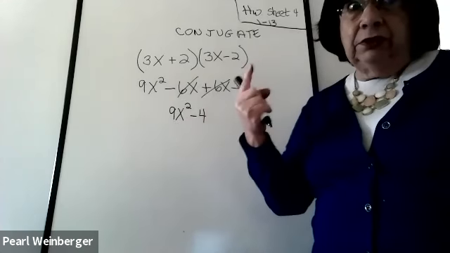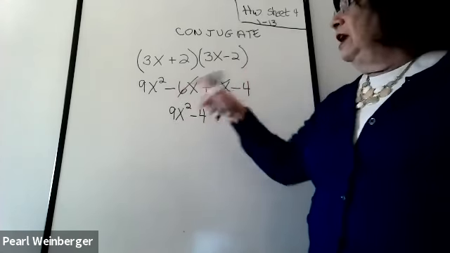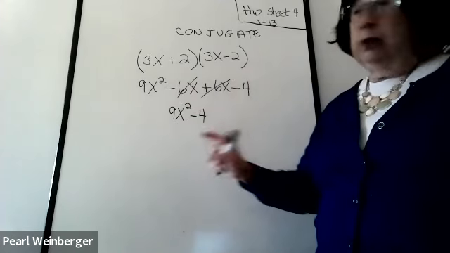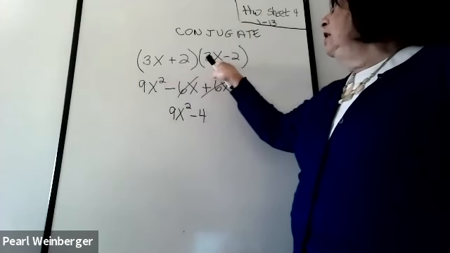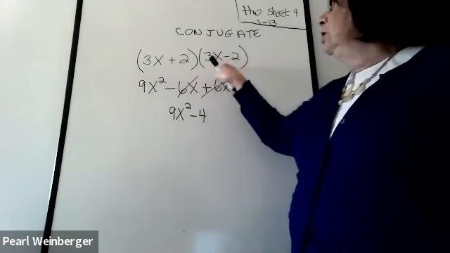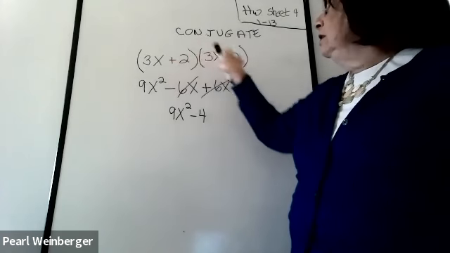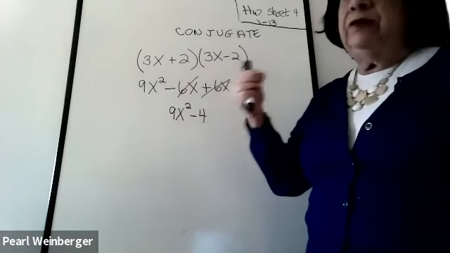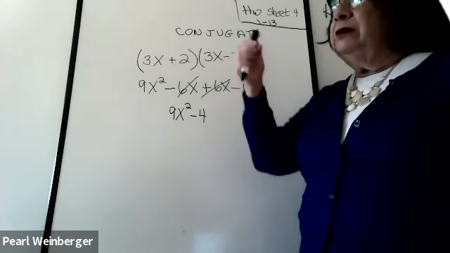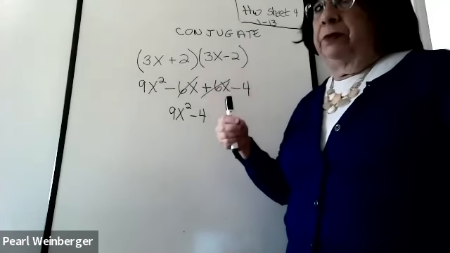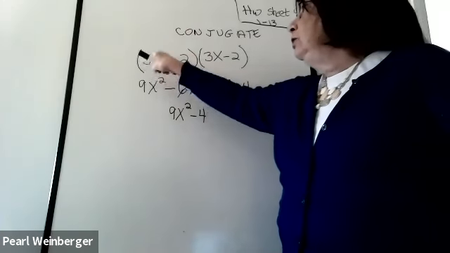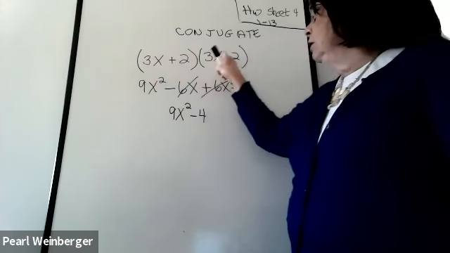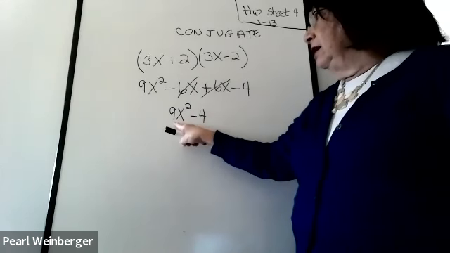Now, if I know this is going to happen, then I can do my work much quicker. I see these are conjugate binomials because they're the same except for the sign. Then I don't have to do the whole FOIL because I know part of them are going to cancel out. I just have to do the first, the 3x times the 3x, it'll give me the 9x squared.